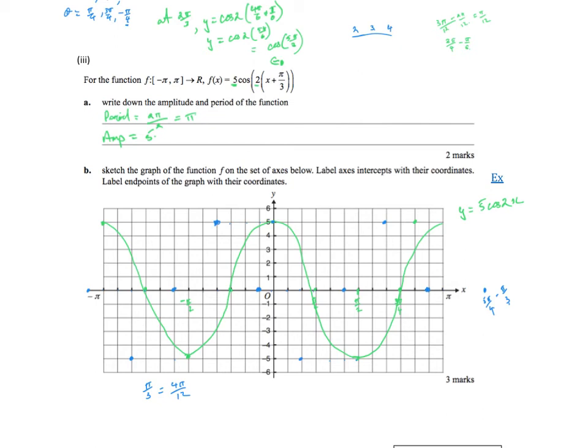So that's a bit of a graph. Let's see if we can get a nice flowing curve happening. So I'm going to do it over the whole way and then reduce it to the, like that. I probably should find an intercept first before I sketch that, to save rubbing it out. But I'm hoping you can see that I think it's easiest.